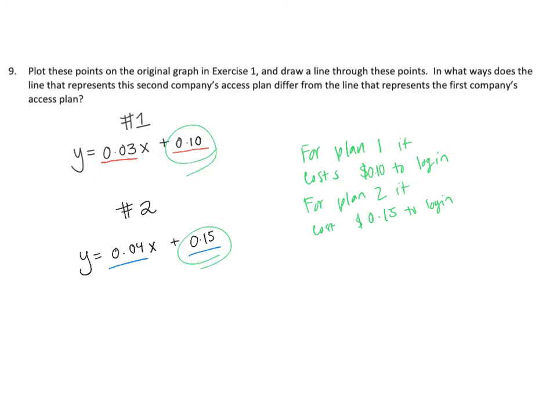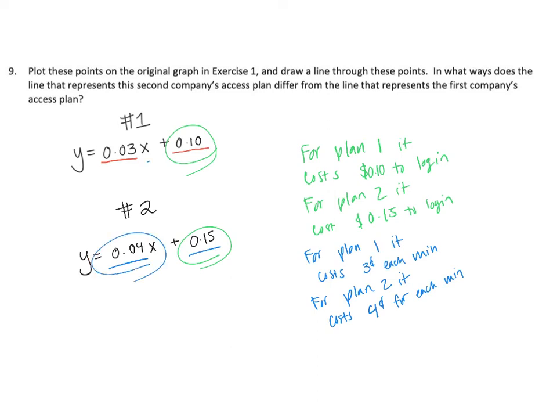And then what else is different is our constant rate. For plan 1, it costs 3 cents each minute we use it. For plan 2, it costs 4 cents. Okay, so that's the difference here.